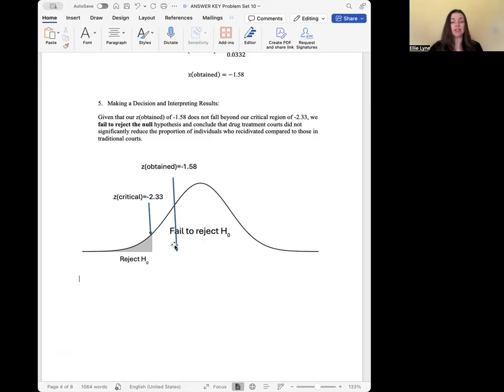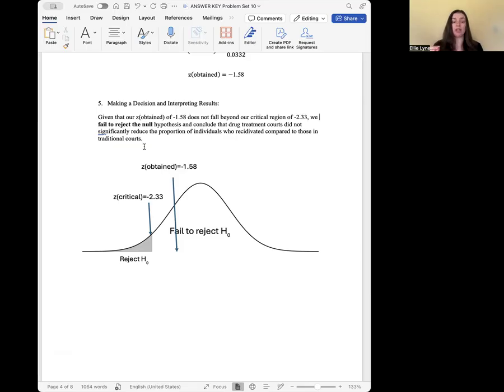So what I'm saying here is that it does not go beyond our Z critical cutoff point of -2.33. We failed to reject the null hypothesis and conclude that drug treatment courts did not significantly reduce the proportion of individuals who recidivated compared to those in traditional courts.